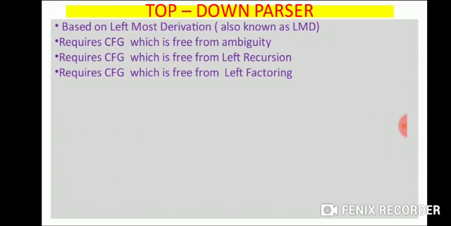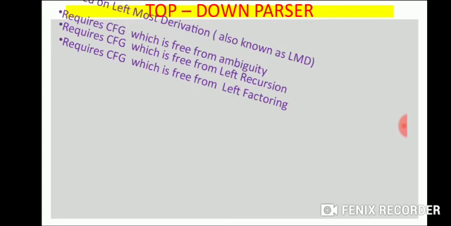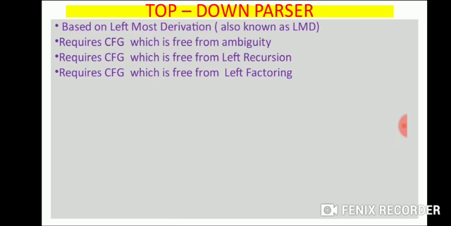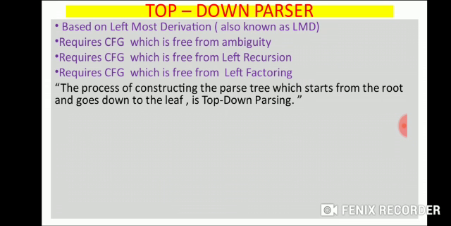That means it works with LMD, and in this parser, the CFG must be free from ambiguity and must be free from left recursion and left factoring too. The process of constructing the parse tree, which starts from the root node and goes down to the leaf, is top down parsing.